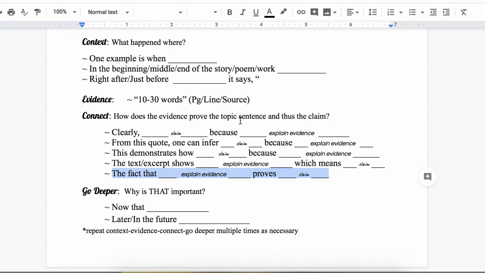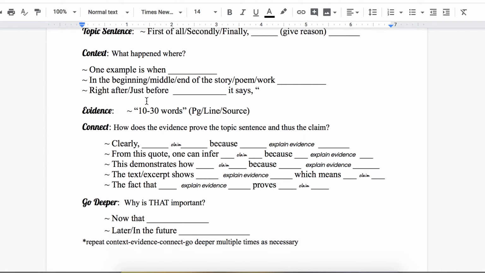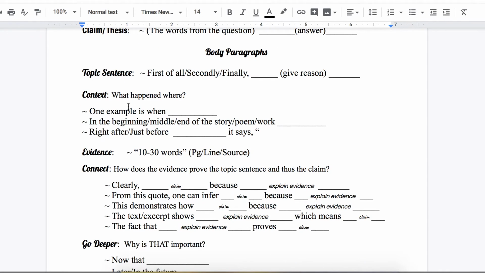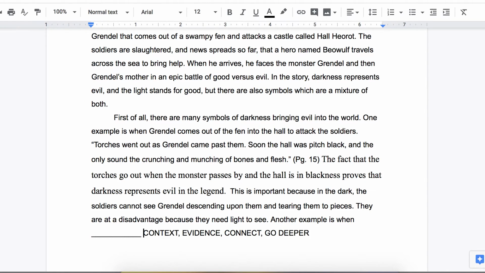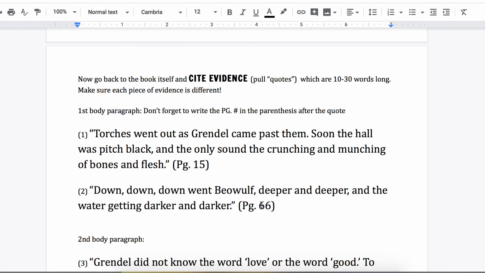So if you go to the essay structure sheet, you'll go here, context. One example is when, in the beginning, middle, right? Then your evidence should be 10 to 30 words. So we're going to go back to our essay packet. Going to get our second piece of evidence.